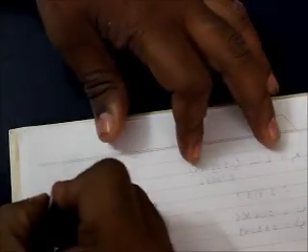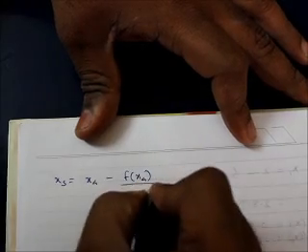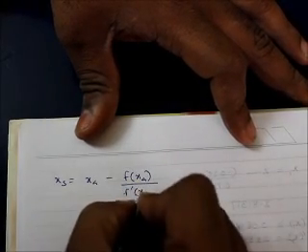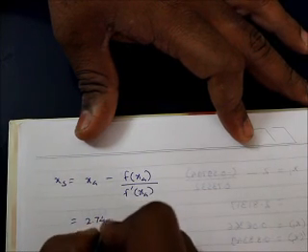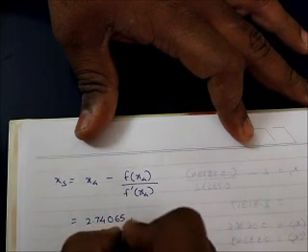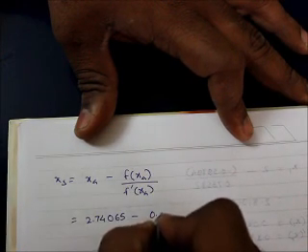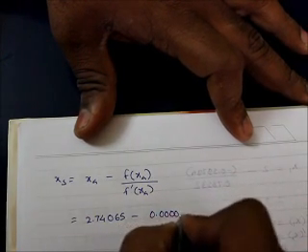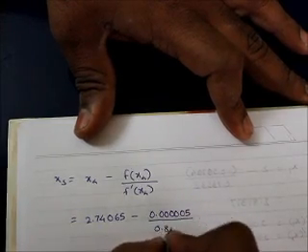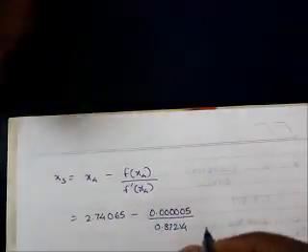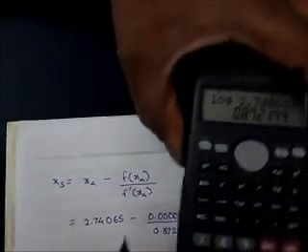Final step, I hope. x5 is equal to x4 minus f(x4) divided by f dash of x4, which is equal to 2.74065 minus 0.000005 divided by 0.87214. Okay, let's find out what that is.